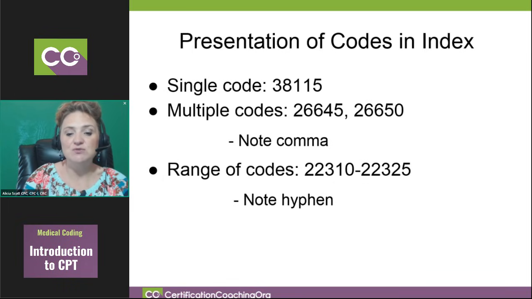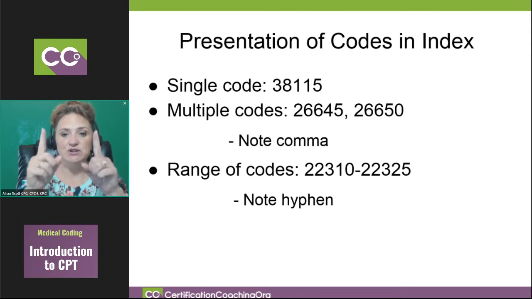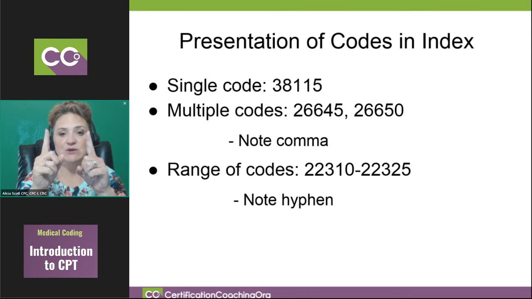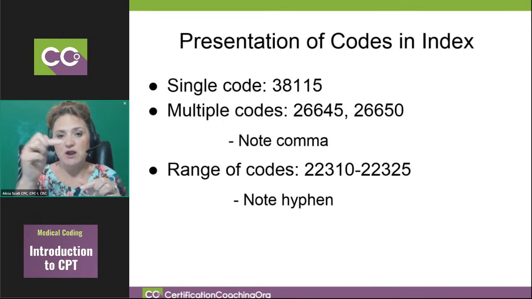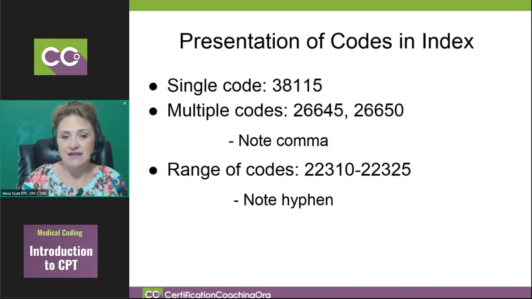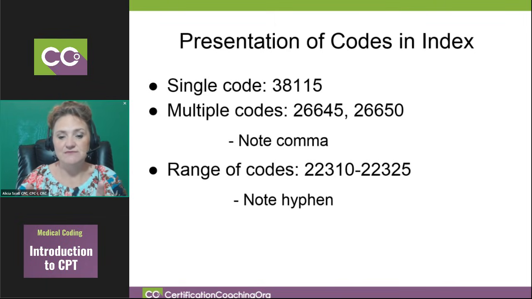I'm going to go to 22310, turn to the tabular and look at those codes, and see which of those parent codes has the description that meets the procedure that was done. That's a hyphen. So there's a range of codes versus a comma, which means this code and this code separately.